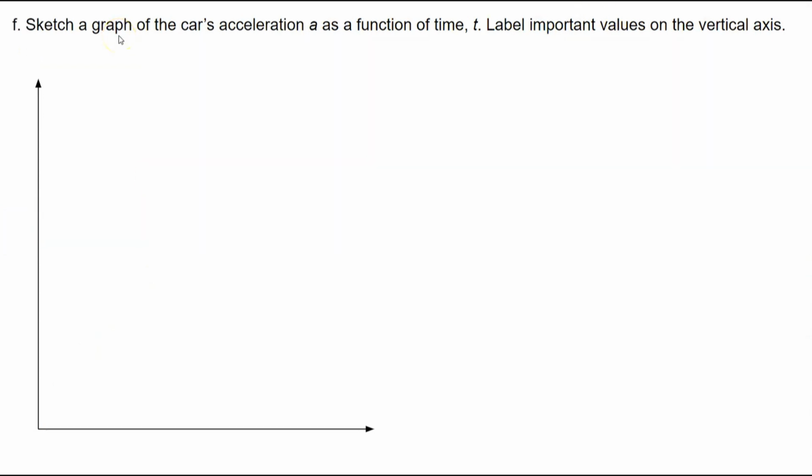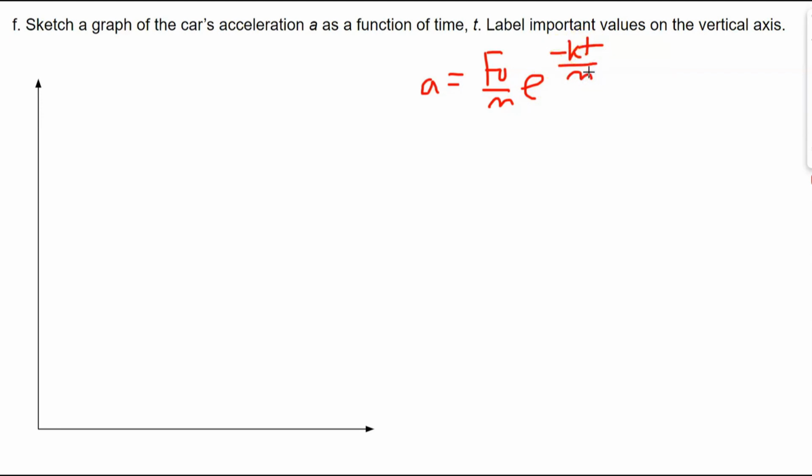This time we're going to sketch the graph of the car's acceleration. A is a function of time t. So very similar to the last question, except now we're going to do the acceleration function. So again, I'm going to write it if you don't know how that graph is going to look. We found that a was equal to positive f sub naught over m times e to the power of negative kt over m.